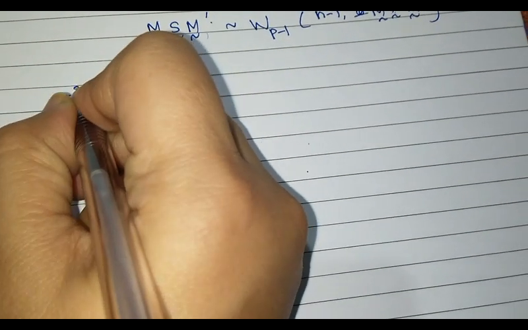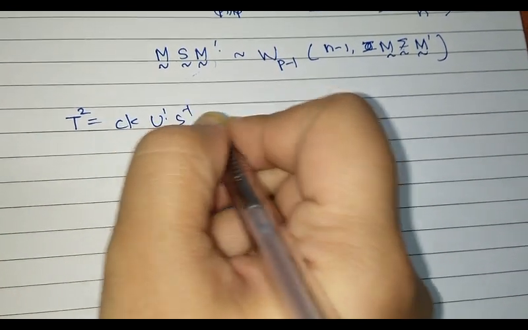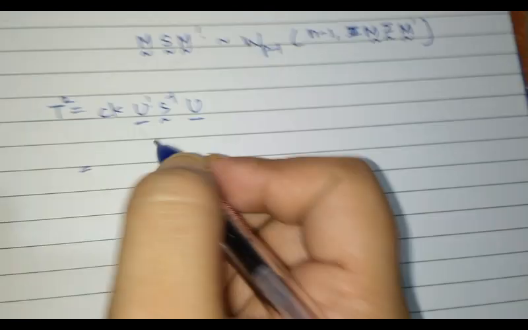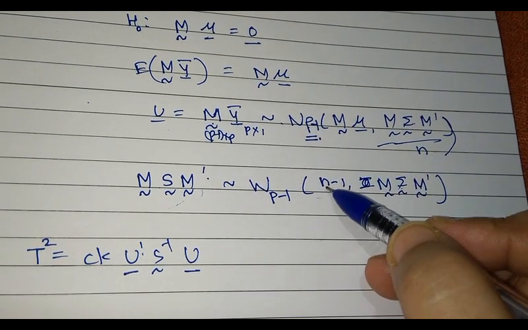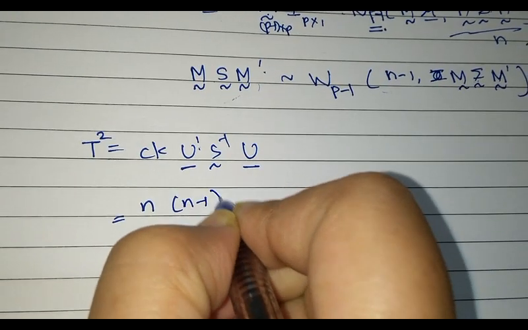So my T square statistic is CK U prime S inverse U. So this I would write as, what is my C? My C is now N and my K is still N minus 1. So I would have N minus 1.